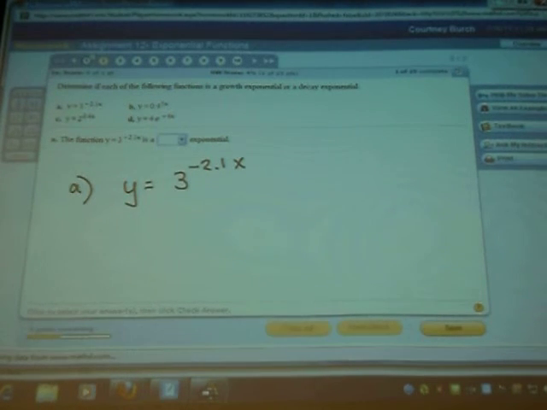Okay? So if I want to look at everything in front of my x here, it's raised to the power, I want to say, well, what is that actual number? 3 to the negative 2.1 power.